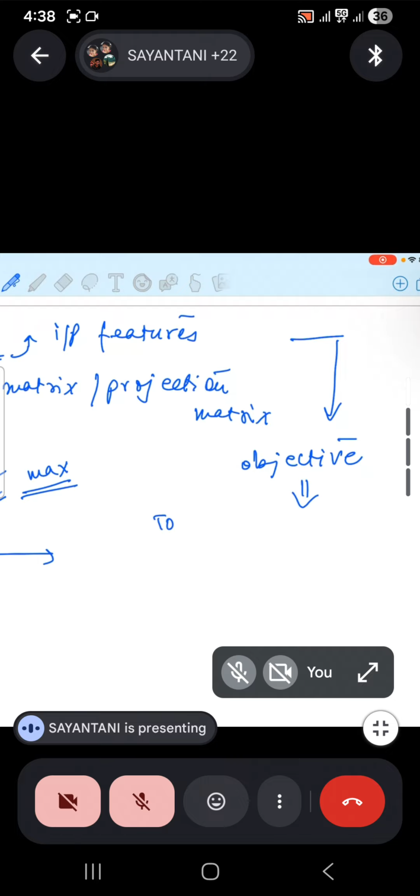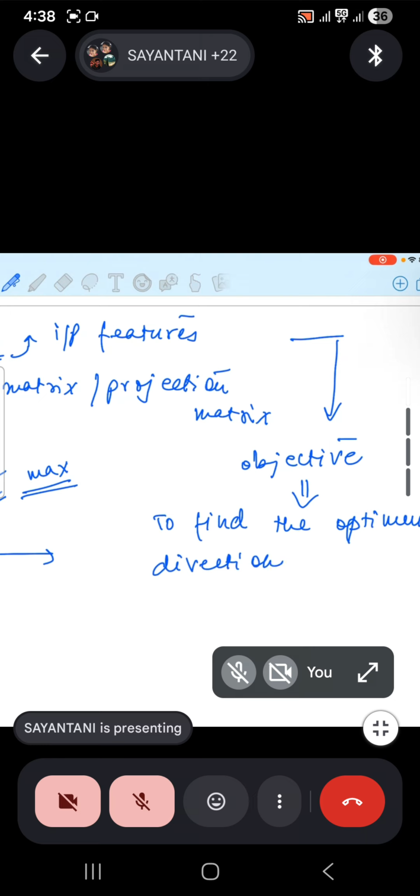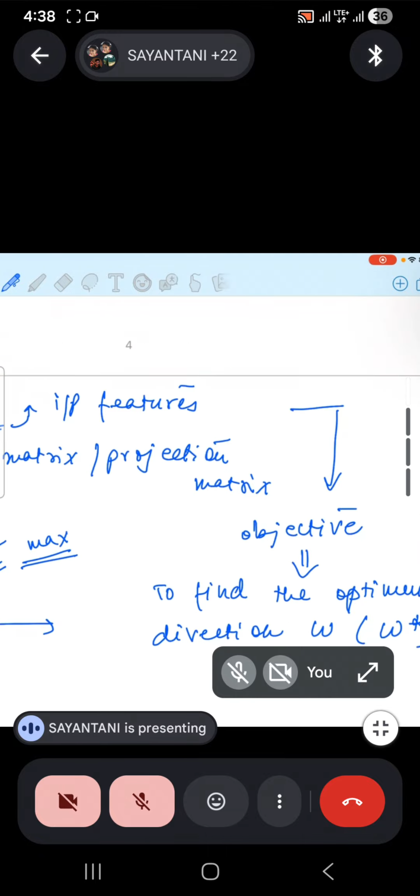The objective is to find the optimum direction of your W matrix, so that it is projected along the maximum variance, as well as the inter-class separation is larger and the within-class separation is smaller, right? Okay. So what are the steps?